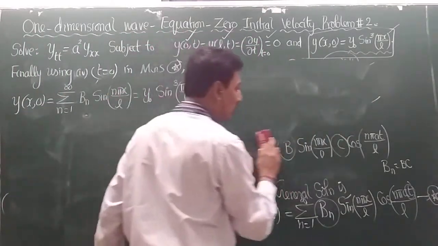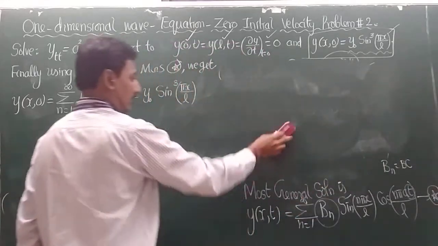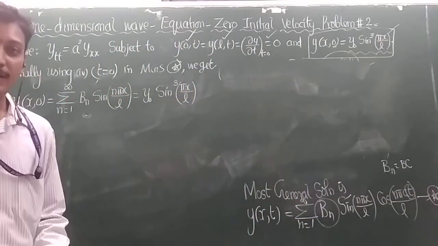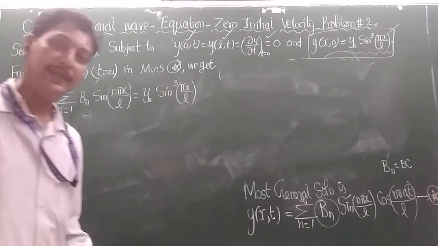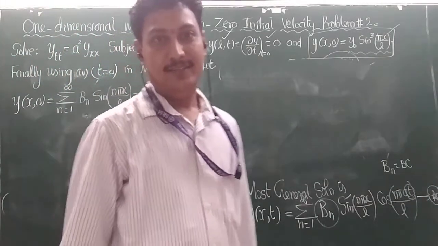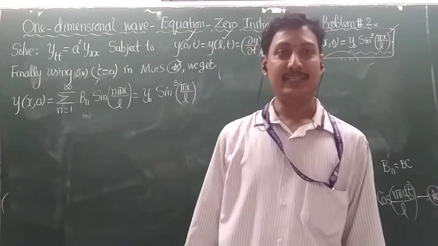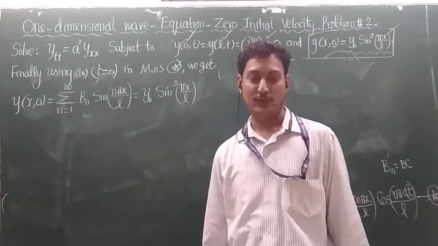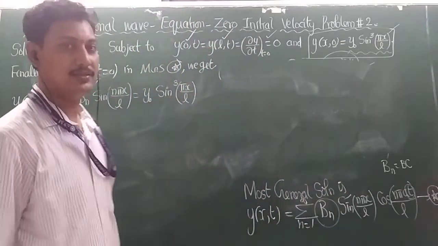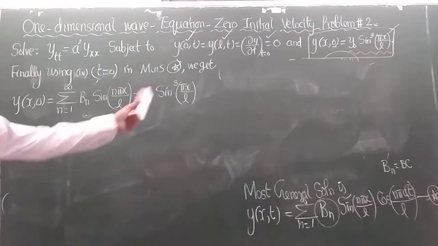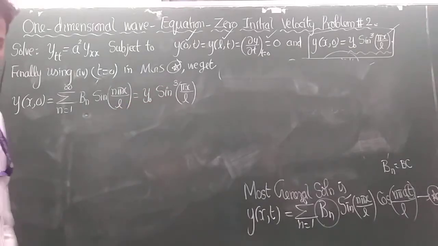While using the half range sine series, the Bernoulli formula to determine the constant completely fails. So we are using a different technique. What is the technique? Very simple: sine cube pi x by L.